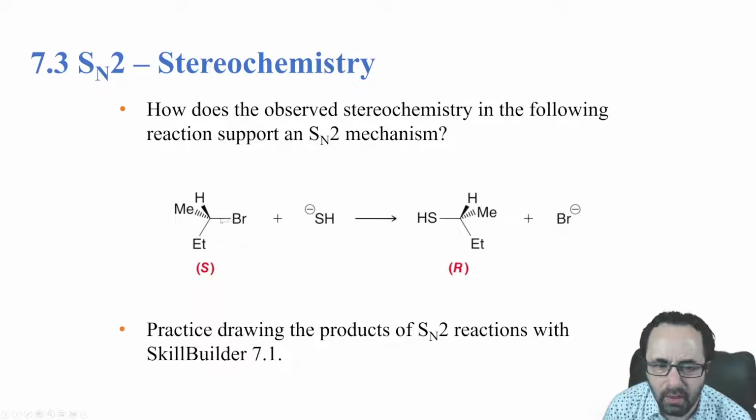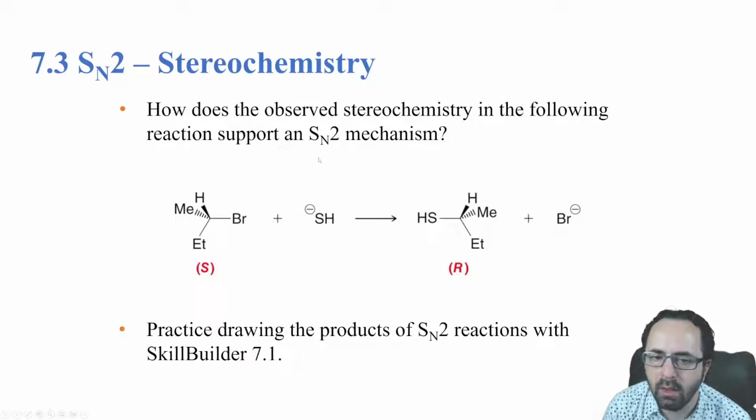When the leaving group leaves here, it's not replaced in the same spot with the hydrosulfide. Instead, in the reaction that's shown, the hydrosulfide actually takes on the opposite stereoisomeric configuration here, and the configuration goes from S to R product.